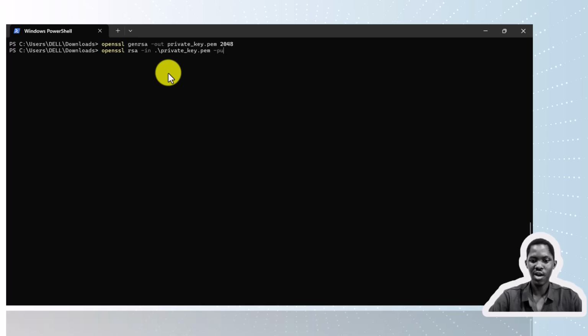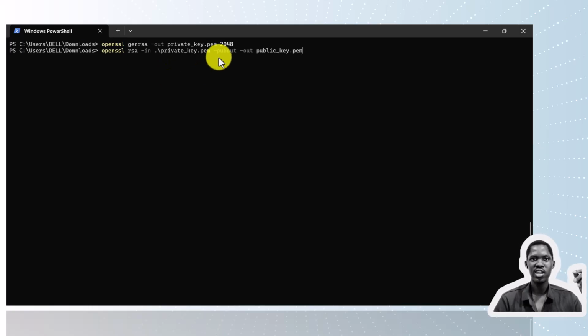Now, I'm outputting what? Public key. So public key is what I'm getting out. And then I want to get it out in a file, output file. Then I'll give the file a name: public key.pem. You can see I'm extracting the public key out of the private key.